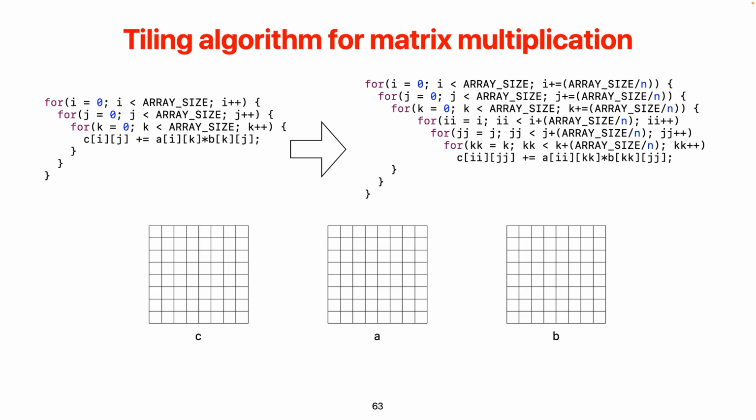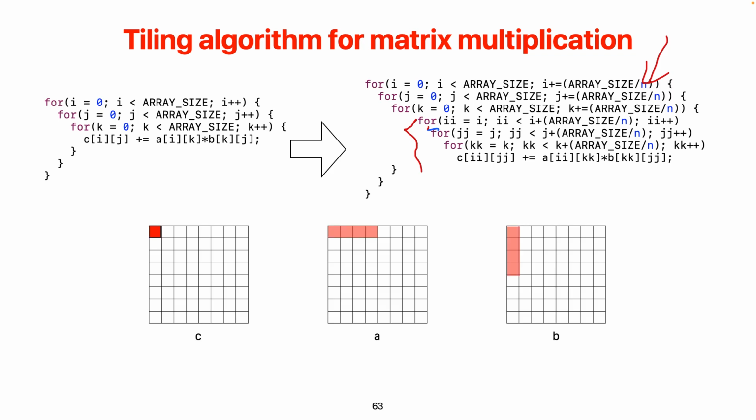However, the idea of the tiling algorithm, if you pay careful attention, is that we divide the array size by a certain factor called n, which means every time I perform this inner loop, I only work on a small tile of the matrix.